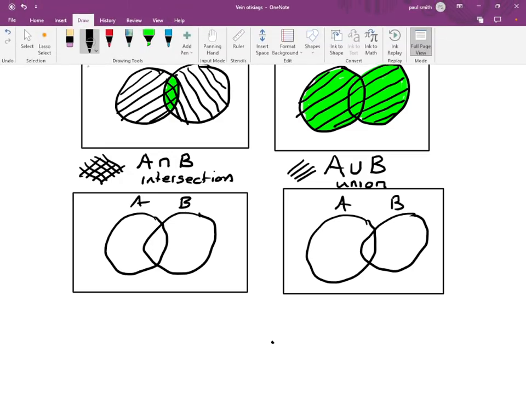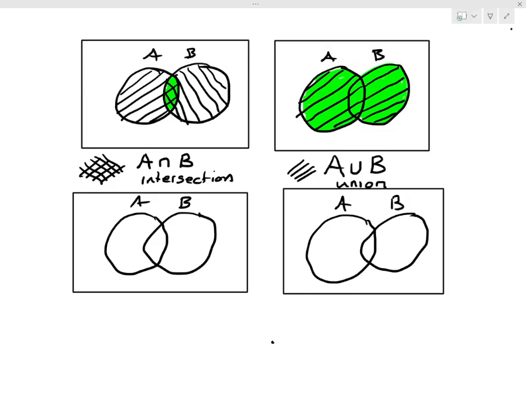So what are we going to do down here? We're going to do a combination of those nots. So we've got not A intersection B in that one, and not A union B. Okay, so remember intersection, and we do the crosshairs.